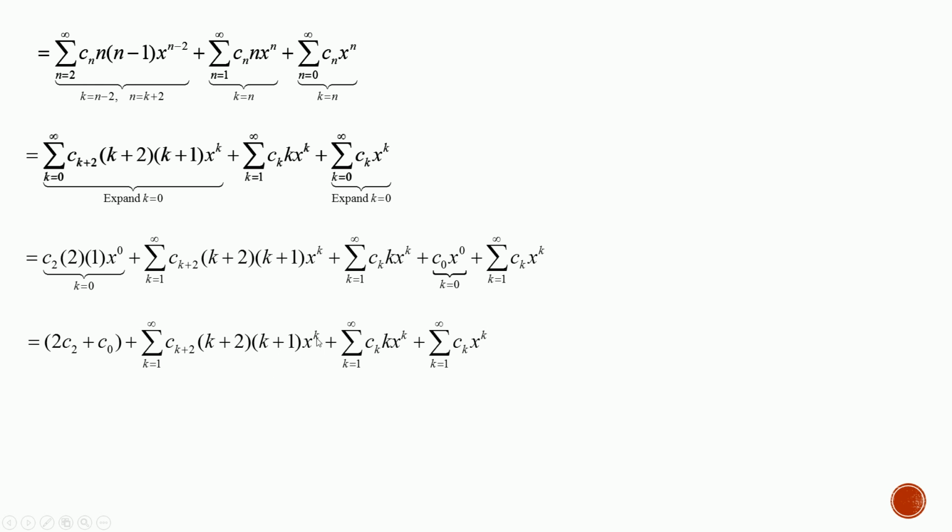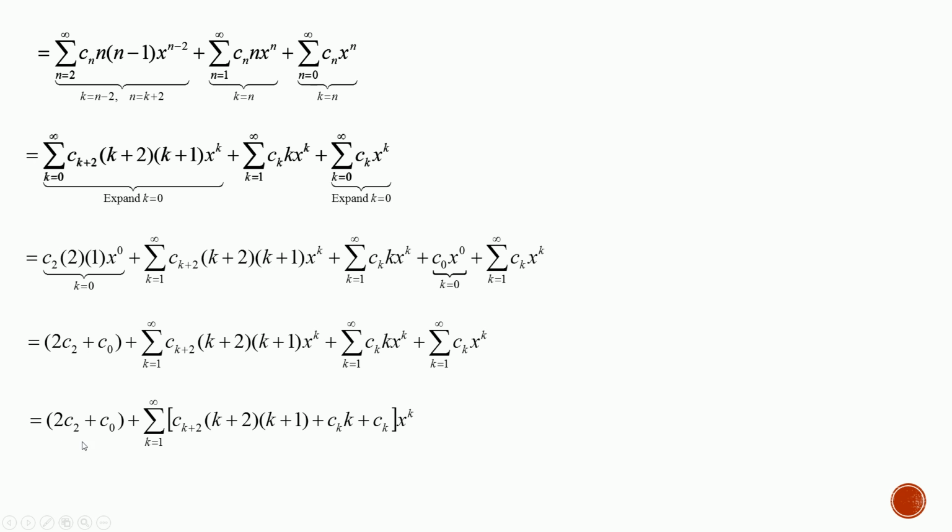When I combine them, I'm going to factor out the x to the k. Here's my x to the k factored out, and my k equals 1 to infinity. And then I've got my coefficients here, c sub k plus 2 times k plus 2 times k plus 1 plus c sub k times k plus c sub k.